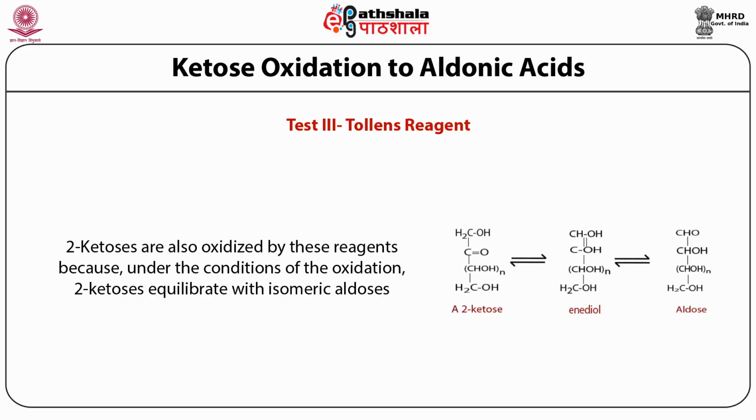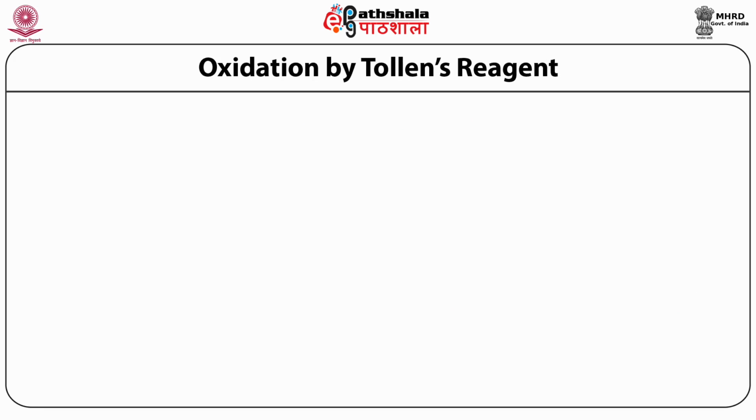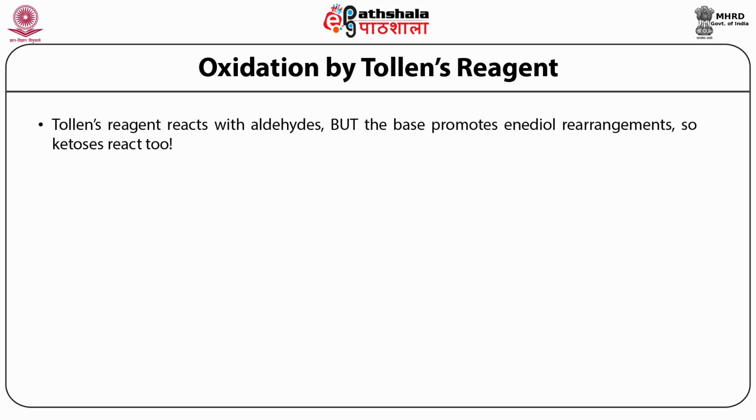And so as you see here, ketose can equilibrate with isomeric aldoses via the formation of an intermediate that is called an enediol. So basically what you can say is that Tollen's reagent reacts with aldehydes. Ideally, ketoses, because they do not have the hydrogen atom, should not be reacting with this reagent.